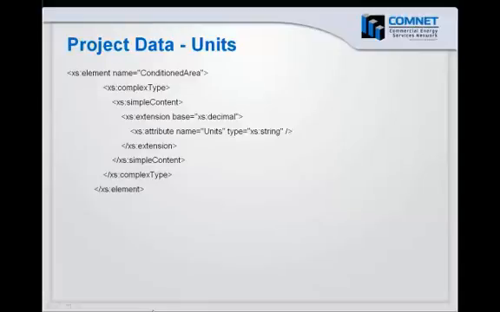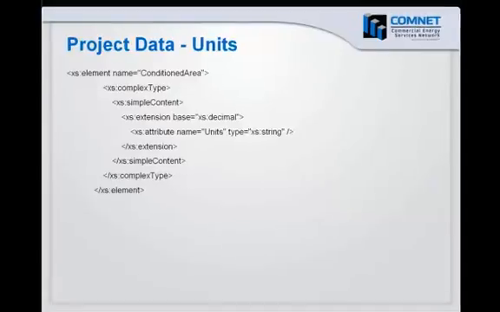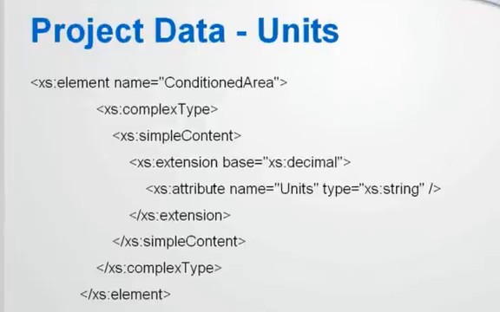So this is just an example of the schema code excerpt for the units. It shows the condition area is a data type that has a type decimal as well as an attribute called units, which defines the units for the values. So this is just an example of the XML schema.